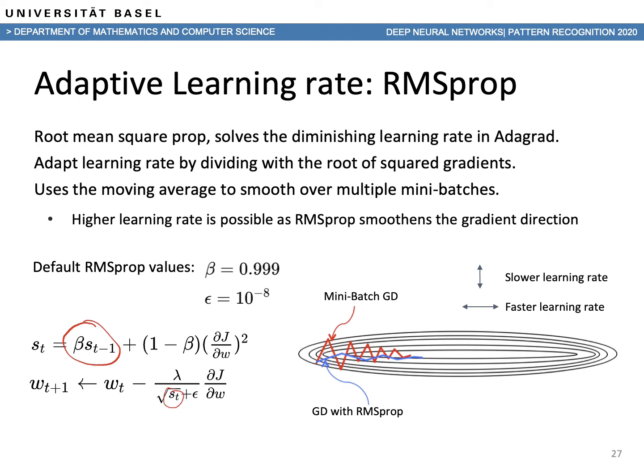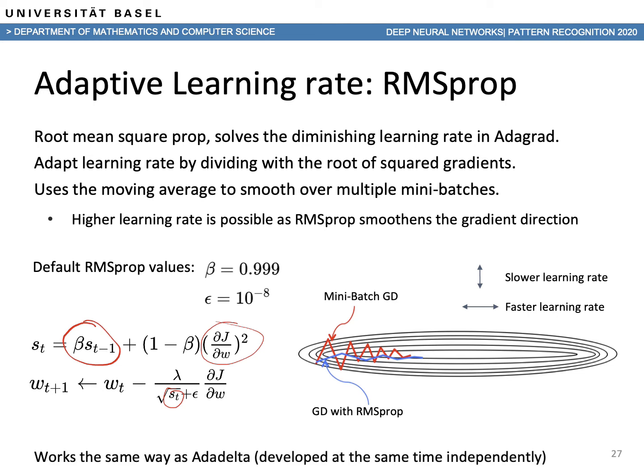So it's only 0.001 of the current squared gradient that we are actually using to adjust the learning rate.